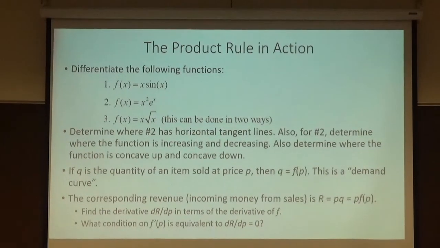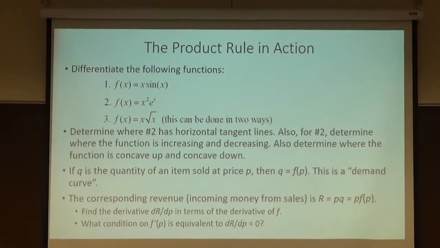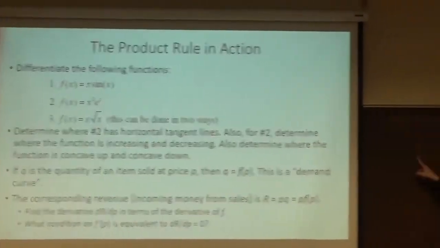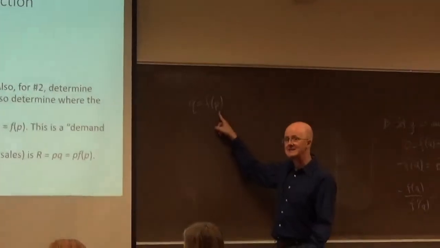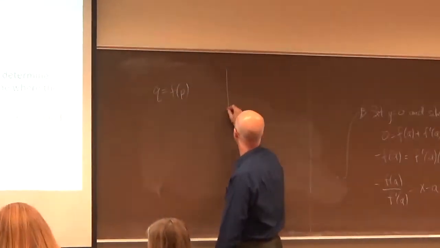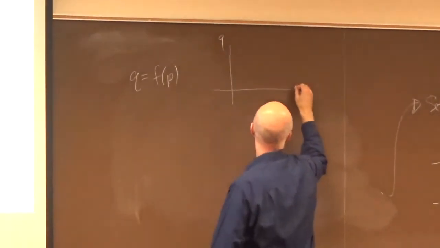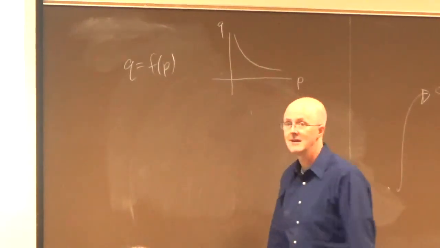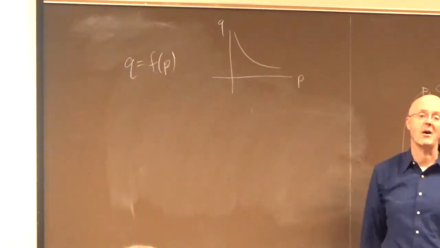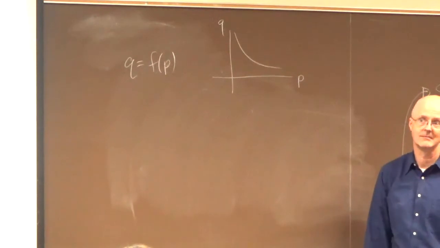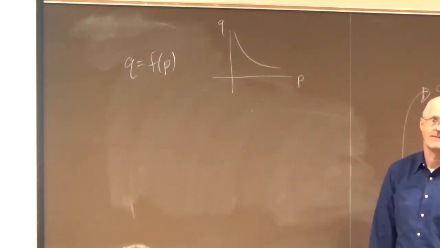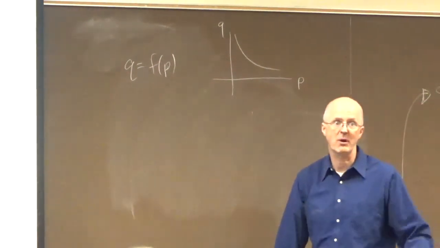So Q equals f of P is a demand function. Quantity demanded is a function of price. The graph of this function is going to be decreasing for sure. As the price goes up, the demand is going to go down. You're going to sell fewer skateboards at higher prices.